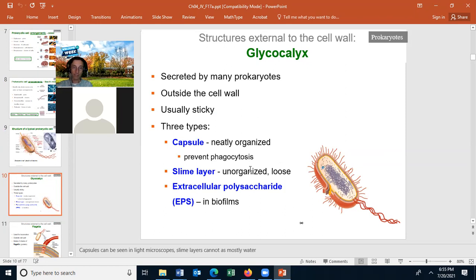Capsules can be seen by a light microscope, but a slime layer cannot be seen by a light microscope.